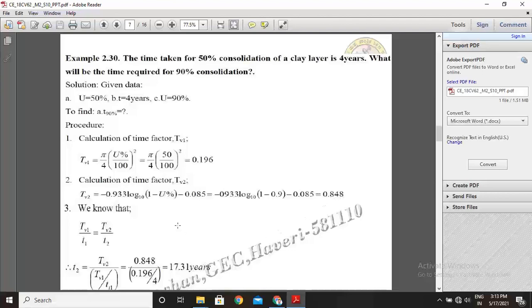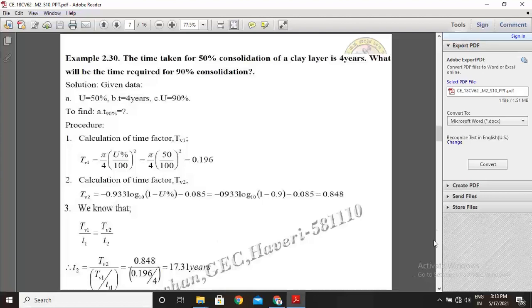We know that TV1 by T1 equals TV2 by T2. Therefore T2 equals TV2 by (TV1 by T1) from the equation by interpolation.